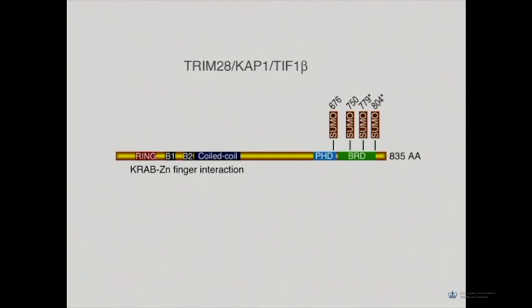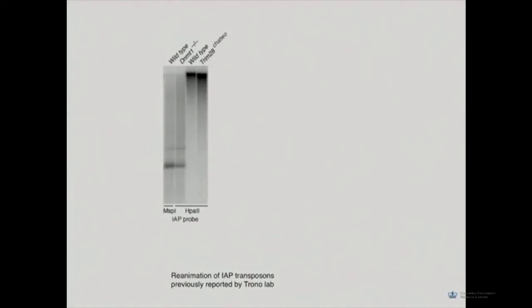I should mention that if you take a gene, a CpG-rich island gene, and methylate the promoter in vitro and then put it into cells, the gene is off indefinitely. So methylation of promoters strongly represses transcription. So we looked at a class of endogenous retroviruses known as IAP, for intracisternal A particles.